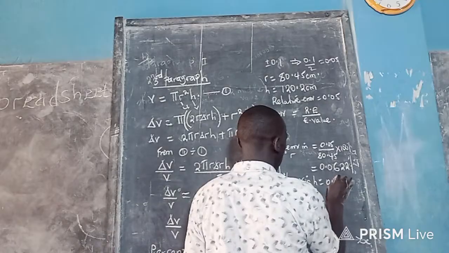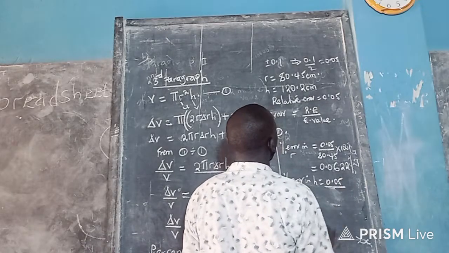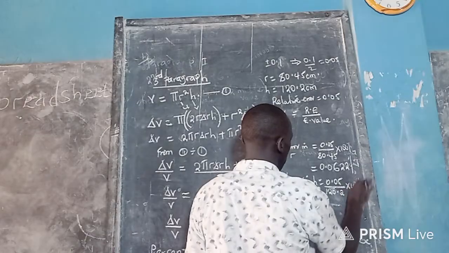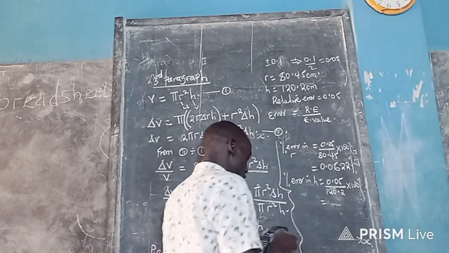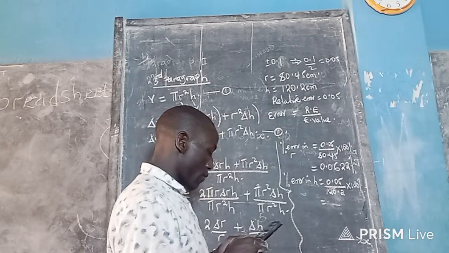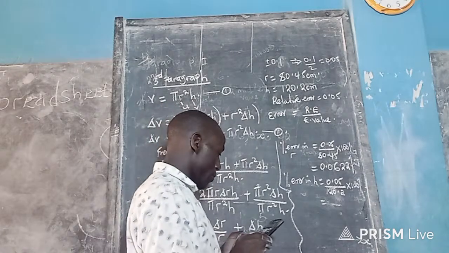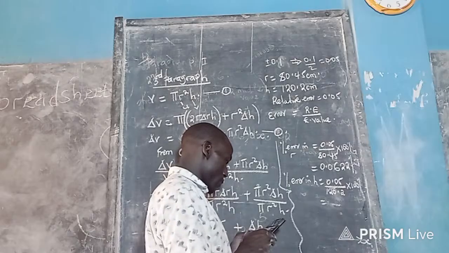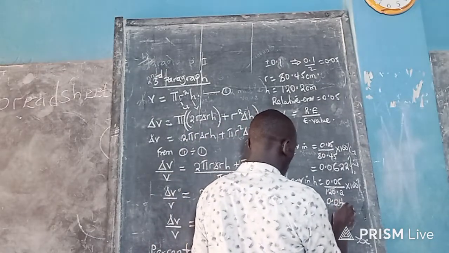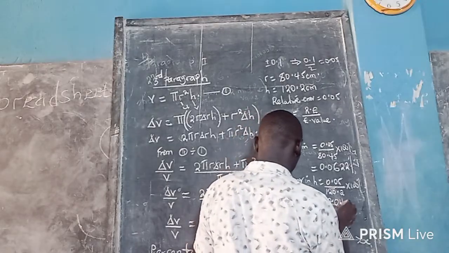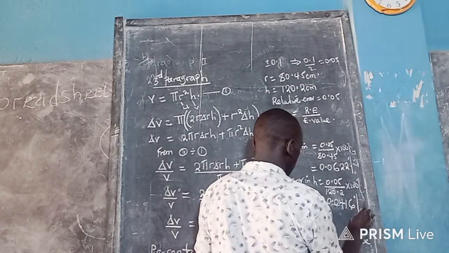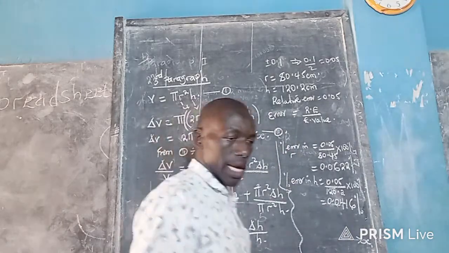That will also give me the same relative error, 0.05 divided by 120.2 times 100%. So you'll also have 0.05 divided by 120.2 times 100. So this is 0.0416%.